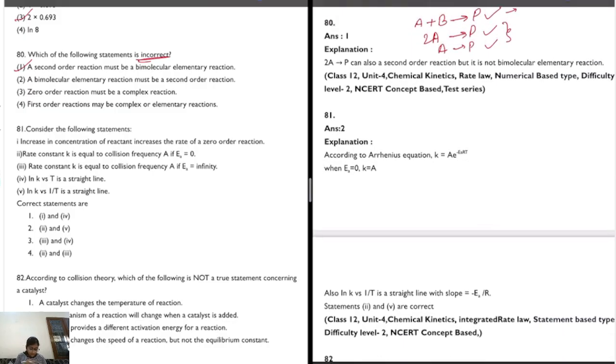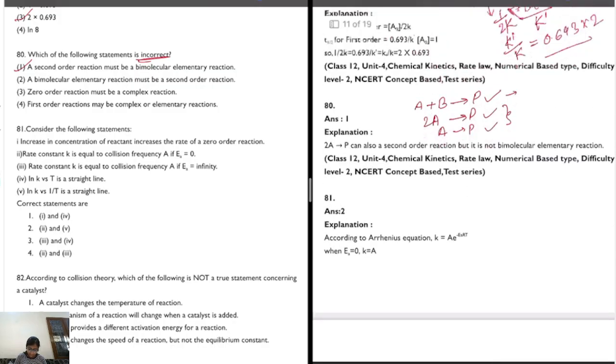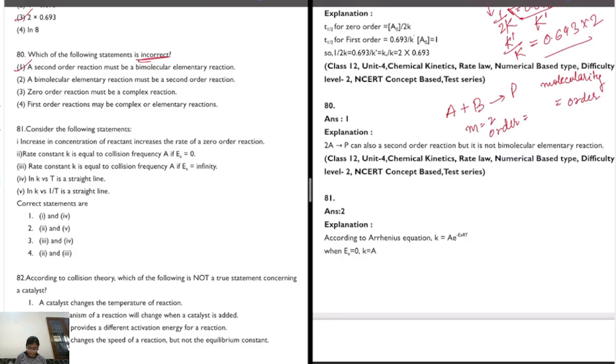See, this is a bimolecular elementary reaction, and in an elementary reaction, the molecularity is equal to the order. Here the molecularity is 2 and the order of the reaction is also 2. Therefore, this statement is correct.